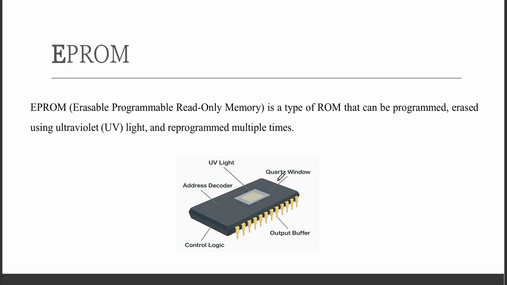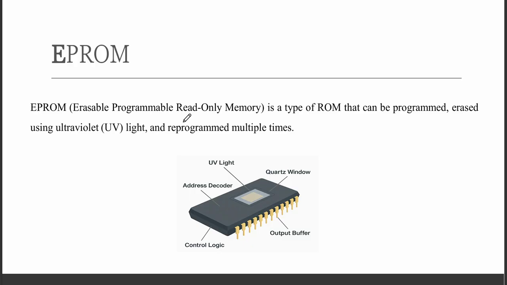And EPROM is erasable programmable read-only memory. It is a type of ROM that can be erased using ultraviolet light and reprogrammed multiple times. So we can erase the data multiple times.